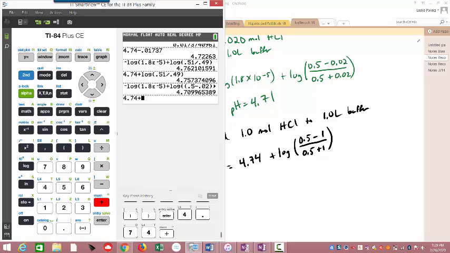So if we do that, 4.74 plus log of 0.5 minus 1 divided by 0.5 plus 1.